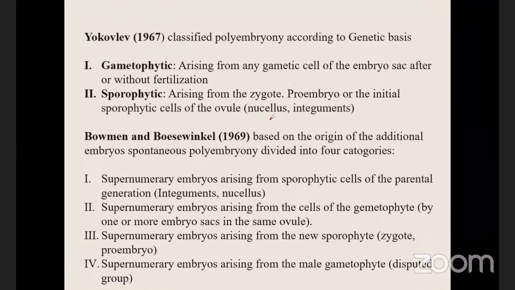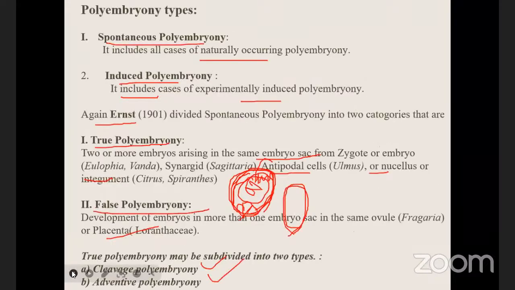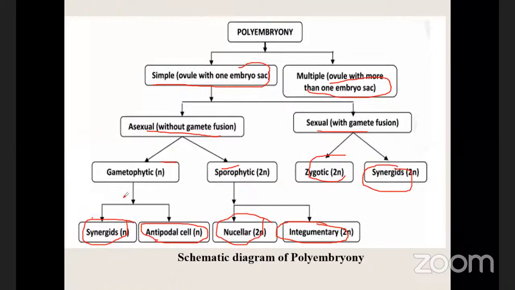In polyembryony, on a genetic basis, it is divided into gametophytic and sporophytic. If it is forming from the gametic cells of the embryo sac, after or without fertilization, gametic cells means, as we have just seen, synergids or antipodal cells.